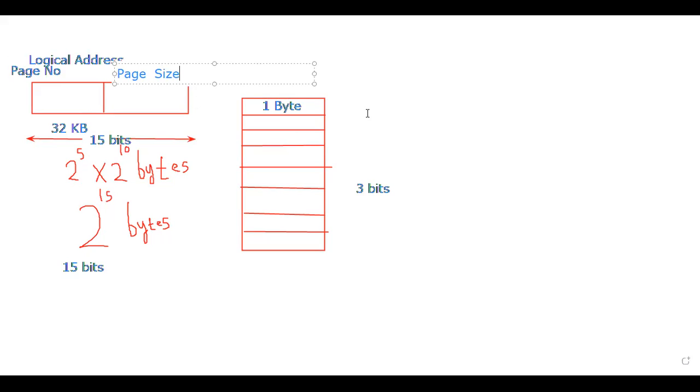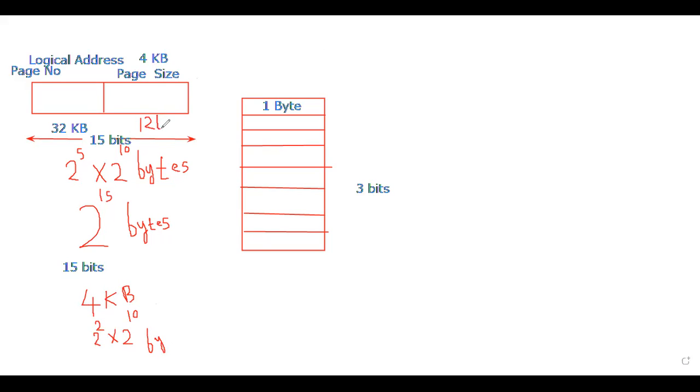Let us convert that 4 kilobyte also into bytes. 2 to the power 10 bytes is 1 kilobyte, but here it is 4 kilobyte, so 2 to the power 2, because 2 to the power 2 is 4. So 12 bits will be required for the page size.